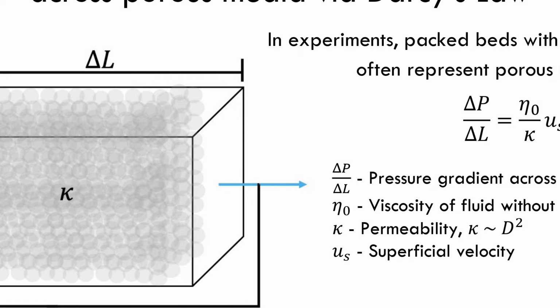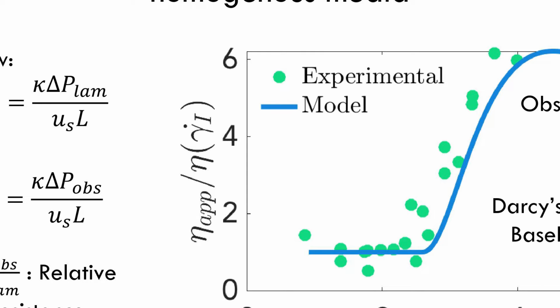It's a transparent quartz capillary filled with glass beads of a known average diameter that is proportional to the permeability. We have some superficial velocity of flow going into the medium. We can measure the pressure drop across the medium. We have some fluid viscosity, and we have a length for the medium.